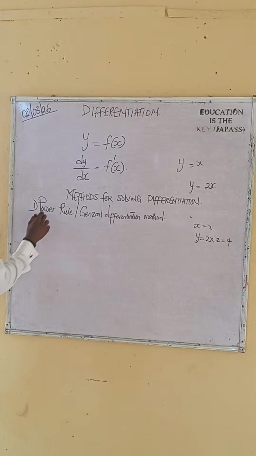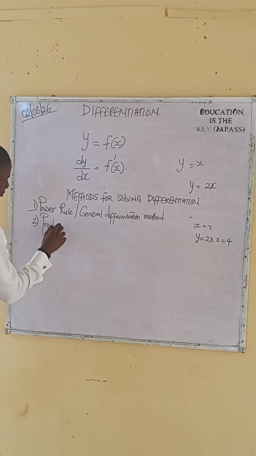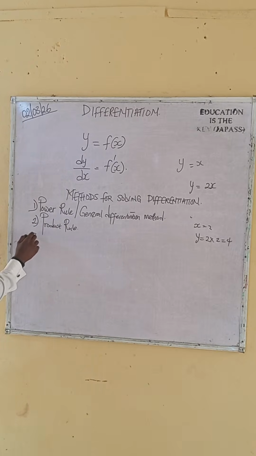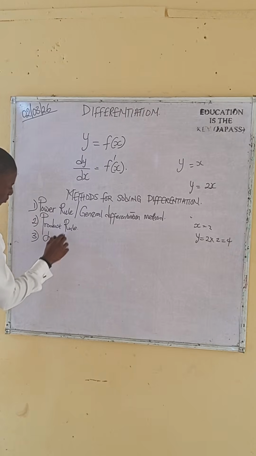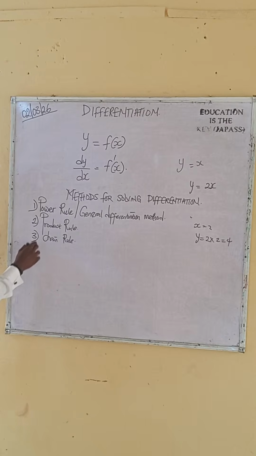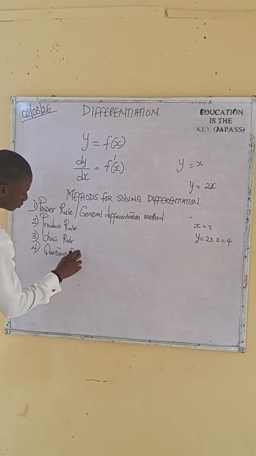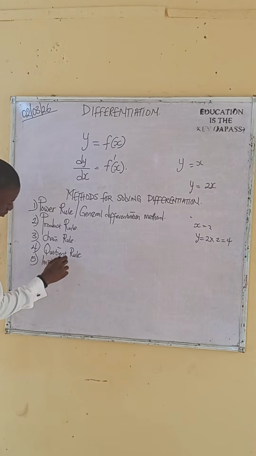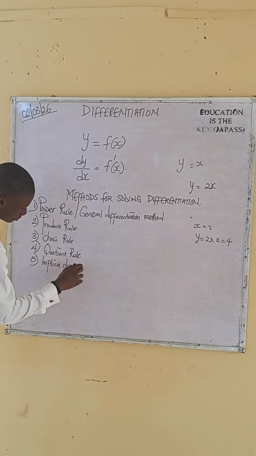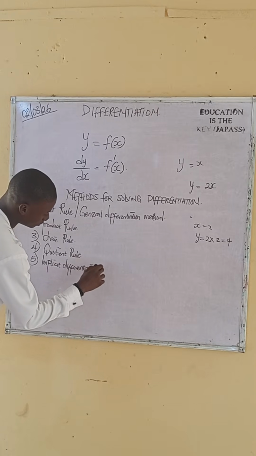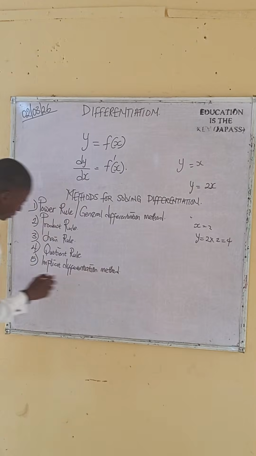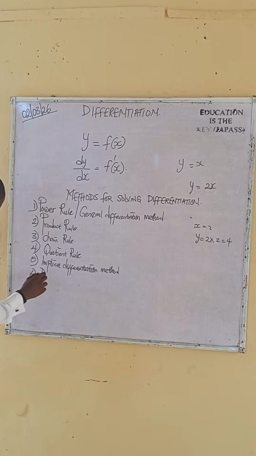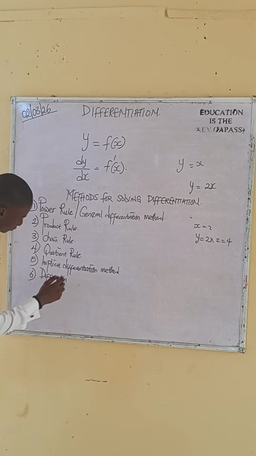We have the product rule, the chain rule, the quotient rule, the implicit differentiation method, and differentiation from first principle.